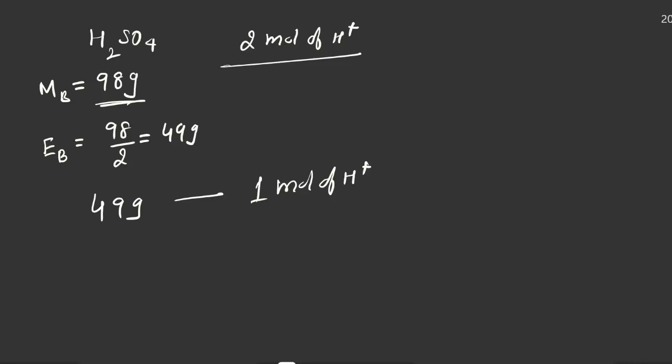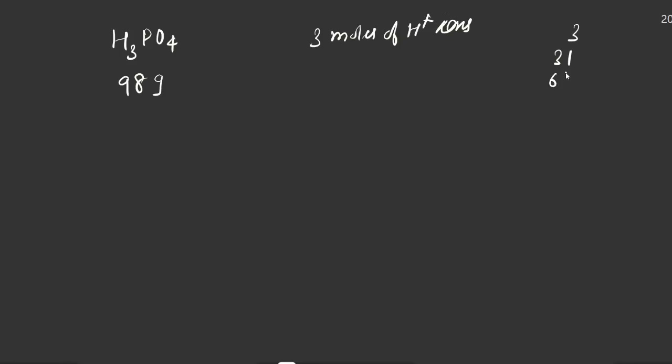Same, let us say we have H3PO4. It will give 3 moles of H plus ions. What is the molecular weight? It is again 98, 3 plus 31 plus 64. So 98 gram, and what is its equivalent weight? 98 by 3.